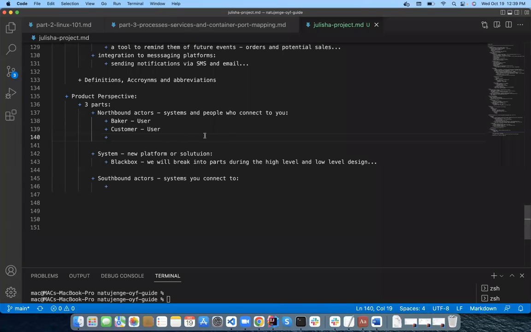But for now, the key idea is, if there are other systems that need to connect to you as triggers, like someone can place an order, that's a baker. Another system can trigger an event on our side, e.g. the payment to a pay bill, and M-Pesa could send a notification to us. After we get that notification, we mark that the order has been paid.